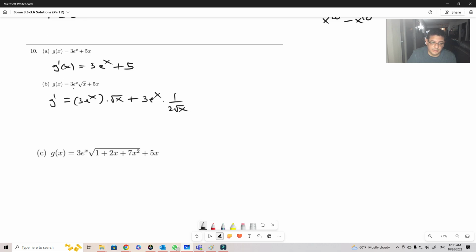And so that will be just the product rule of these two. But now plus the derivative of 5x, which is just 5. So that's it. And so I'll say this is a product rule plus a sum.